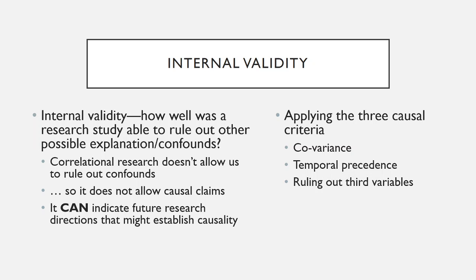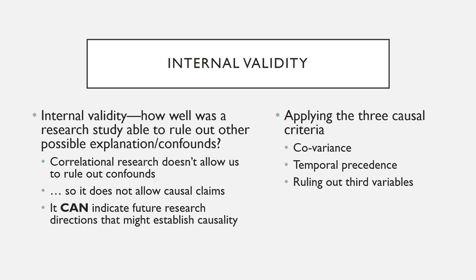So do the variables change together? Right? Correlation can obviously do that. Second, temporal precedence. Variables that are causing changes to other variables need to be identified as occurring first in time. They precede the variable that is being impacted. And third, you're ruling out third variables.